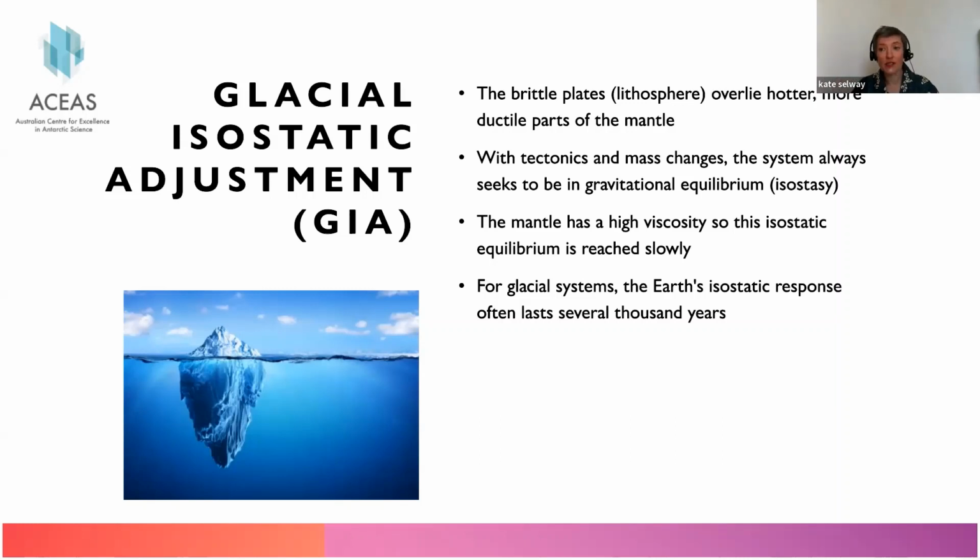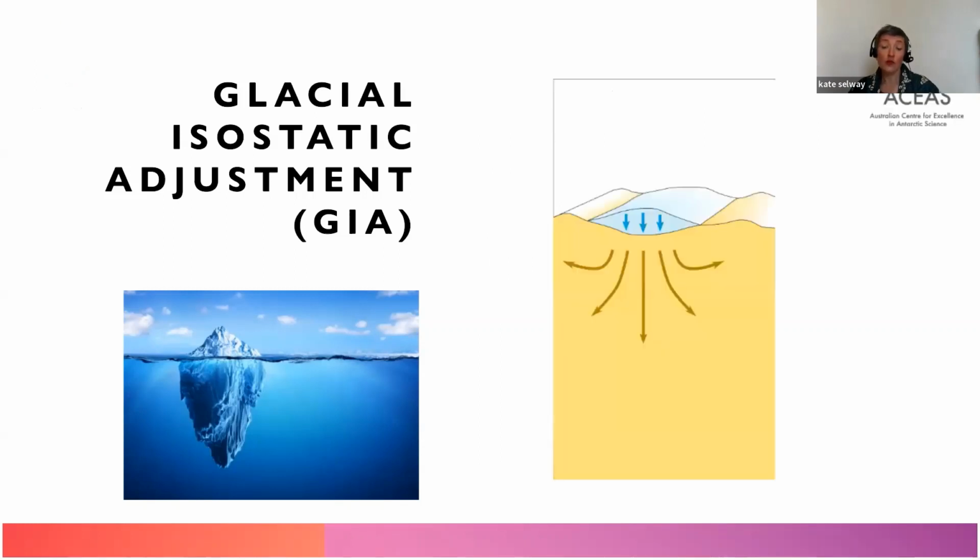And so for glacial systems, this takes on the order of a few thousand years for this isostatic equilibrium to be reached. So if we look at that in some cartoons, initially when there's an ice sheet sitting on the Earth, the Earth depresses beneath that ice sheet and bulges out around the sides of the ice sheet. And then gradually as that ice sheet melts, that reverses.